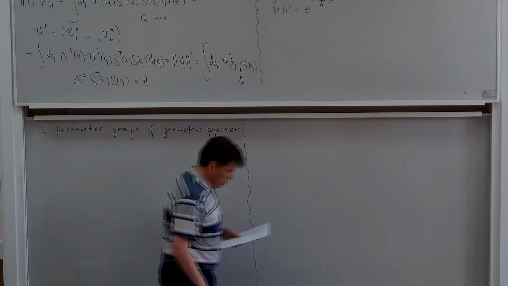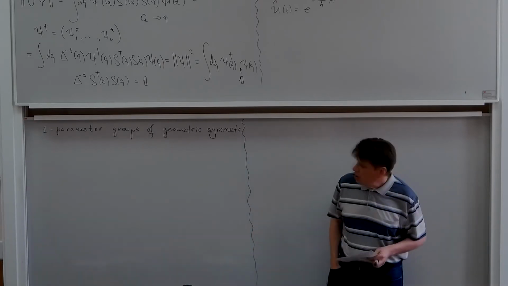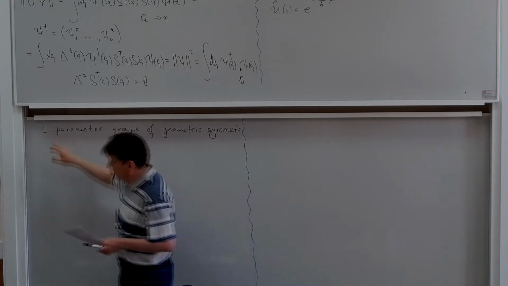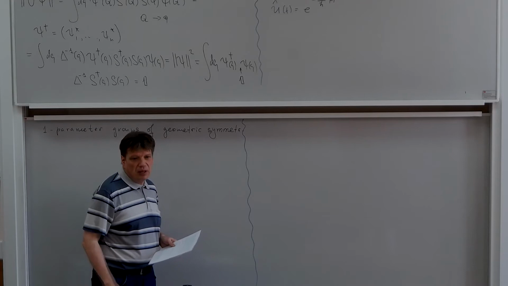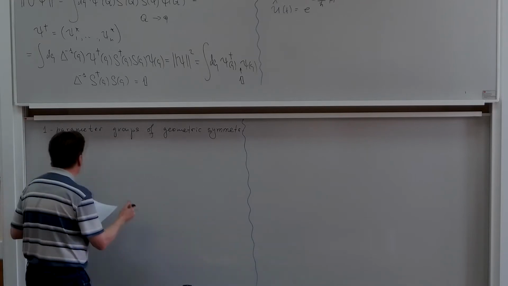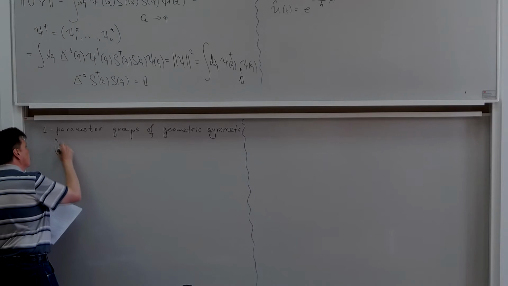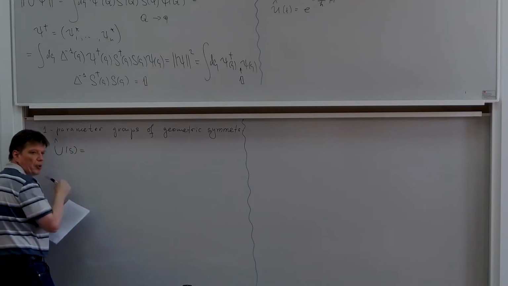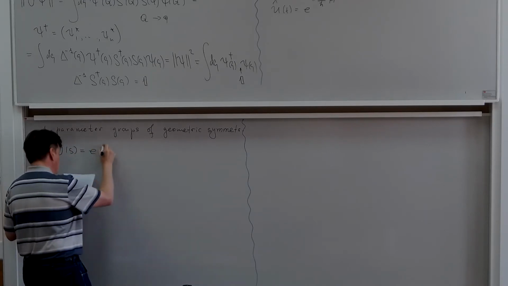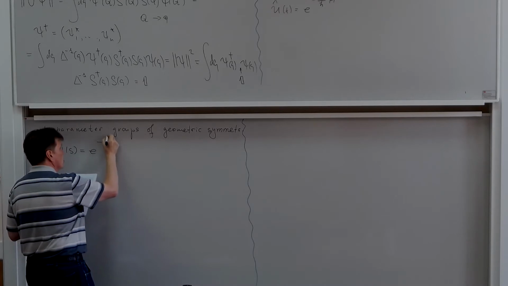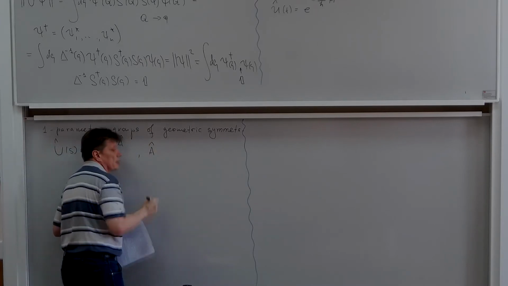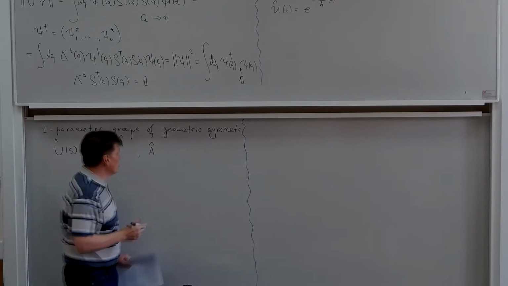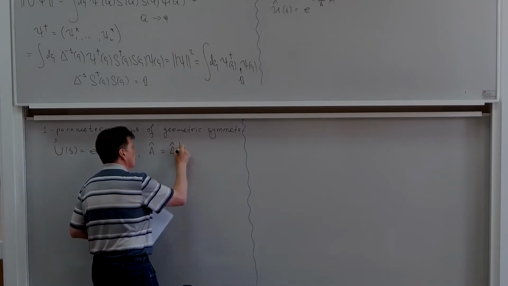As we know from the previous lecture, each such group, a one-parameter group of geometric symmetries, is given by a one-parameter family of unitary operators of the form U of s, where s is the parameter, equal to the exponential of i s over h bar A, where A is some Hermitian operator, A equal to A dagger.